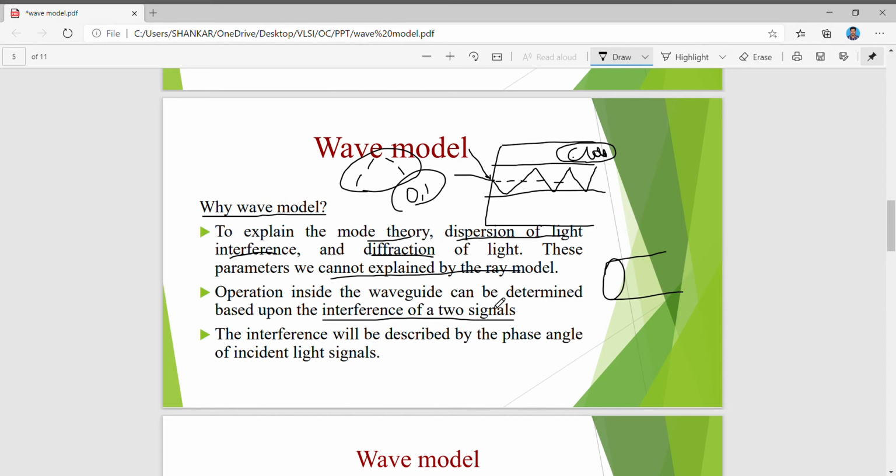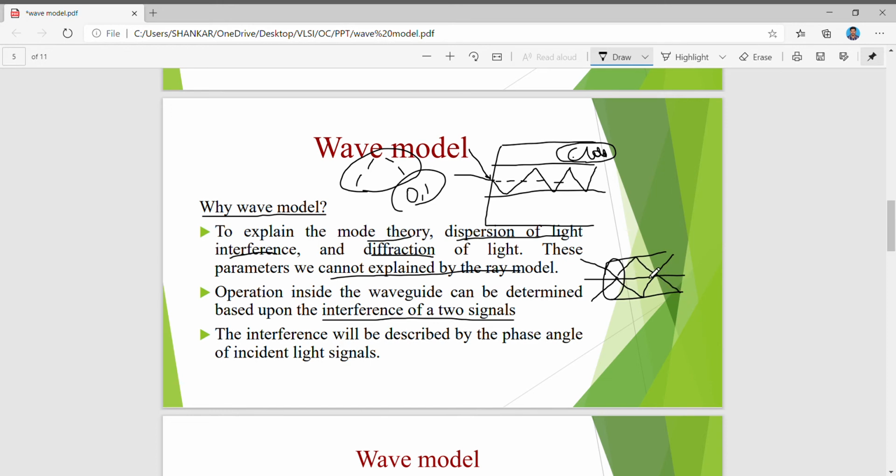So suppose I incident the signal here; this is one signal, this is another signal, and this is the axis. Now the signal is reflected in this form, and this signal is reflected in this form.